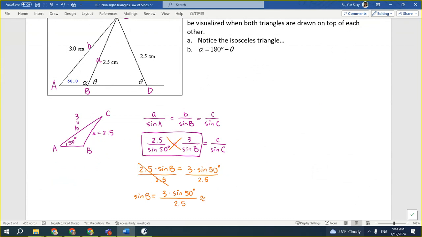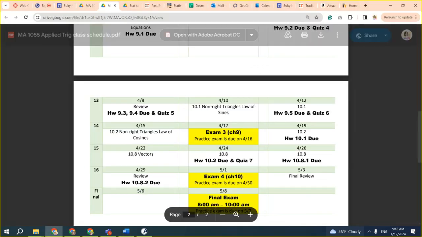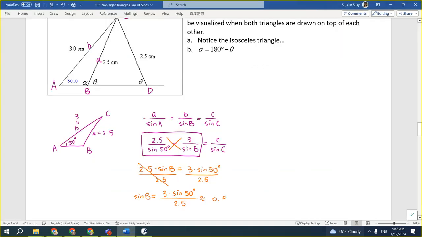Give me 6 decimal places. What do you get? 0.919253. Like that?